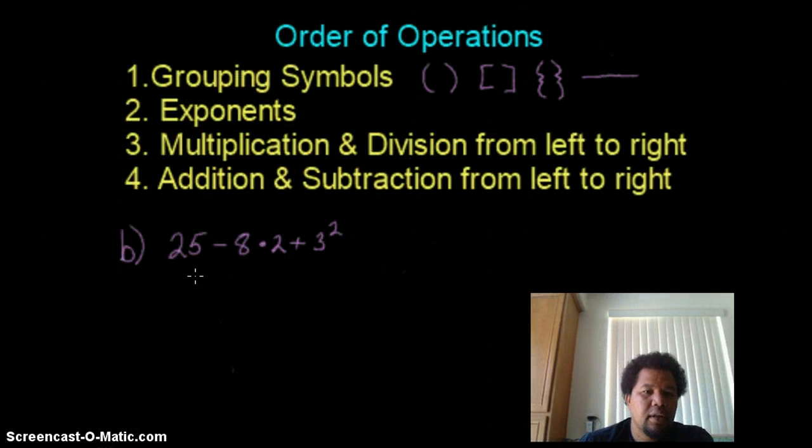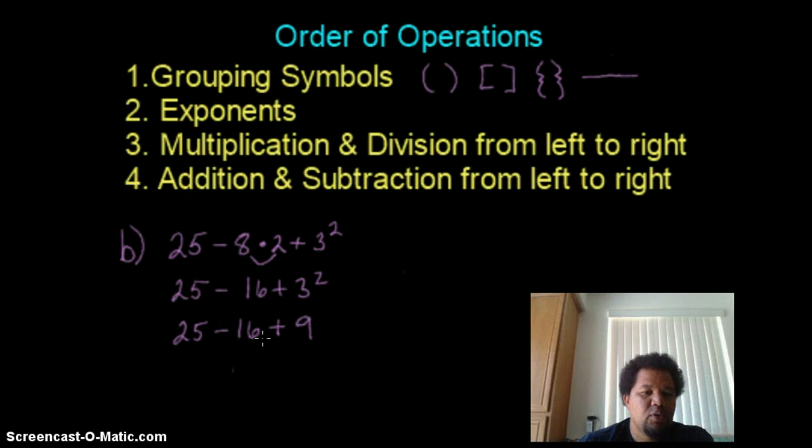Okay, so here's a second example. We have subtraction, multiplication, addition, and an exponent. So we're going to start off with multiplication right here. So we have 25 take away 8 times 2, which is 16, plus 3 squared. Now we're left with subtraction, addition, and the exponent, so we do our exponent first. 3 to the second power means 3 times 3, which is 9.